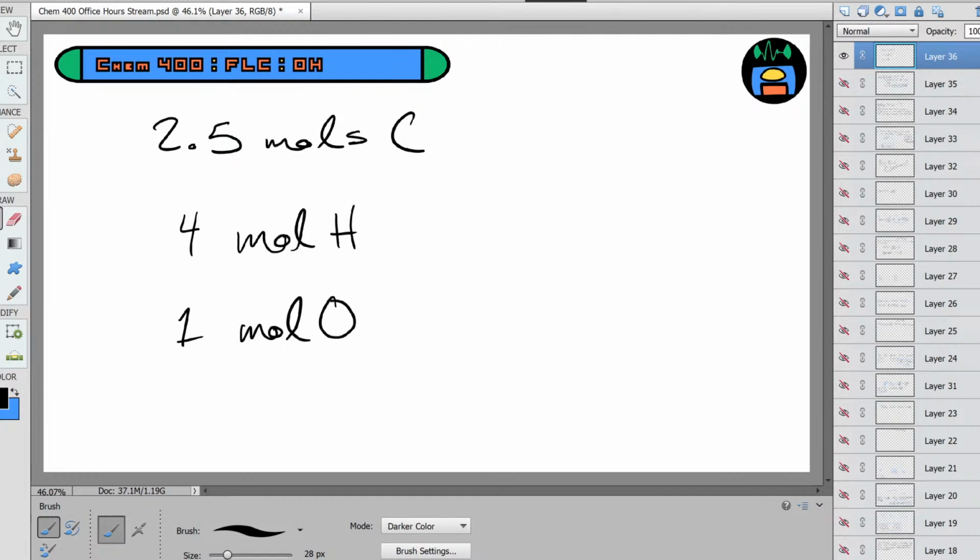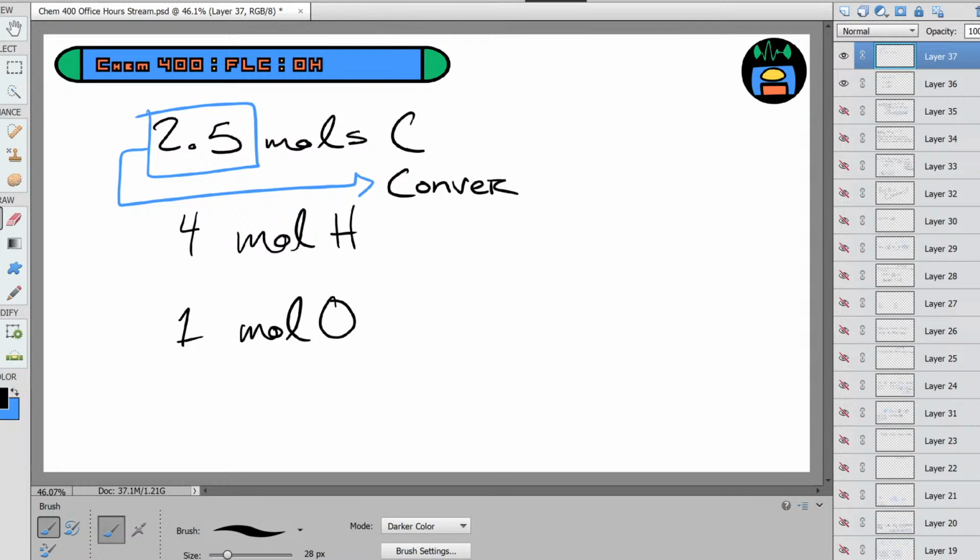So here's the thing. What you need to do is convert your decimal to an improper fraction.